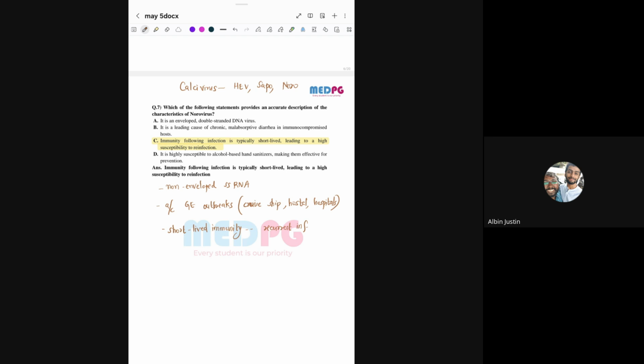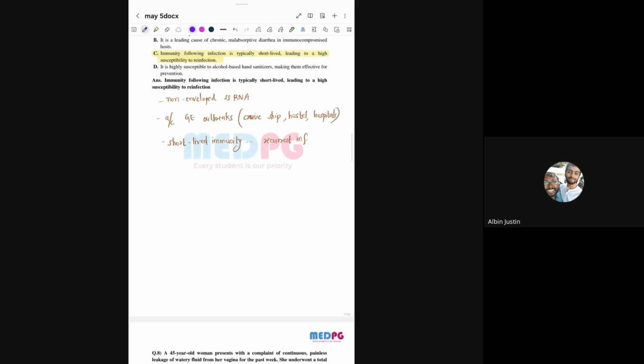So viral gastroenteritis is caused by Reo, which is most common, and which one? Rota. Then you have calicivirus, which has Noro and Sapo. Then you have adenovirus. Which adenovirus causes diarrhea? D is the fourth letter, so 40, 41. Then you have astrovirus.